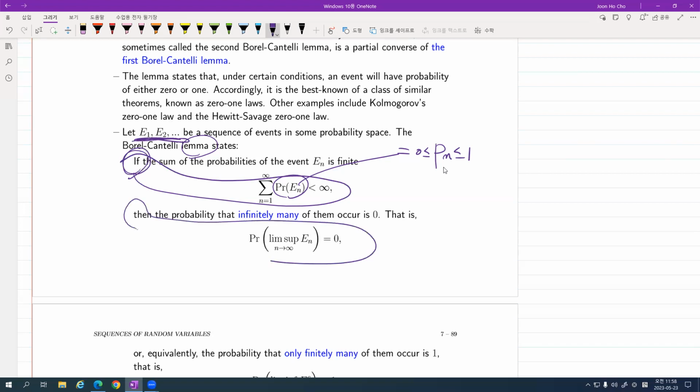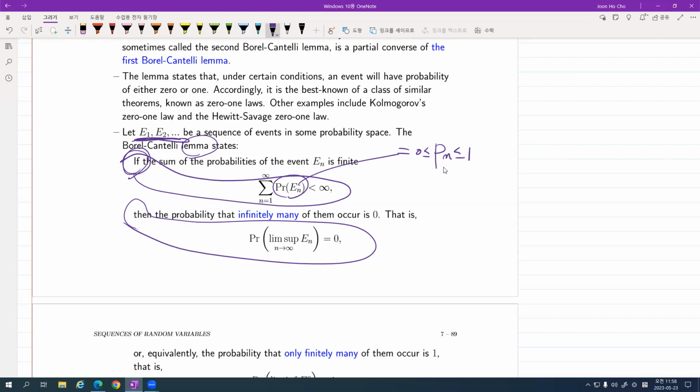Then you have the lim sup of the events. And you know that the lim inf or lim sup of a sequence of subsets are subsets of, in this case, the event space, right? So it's a set.